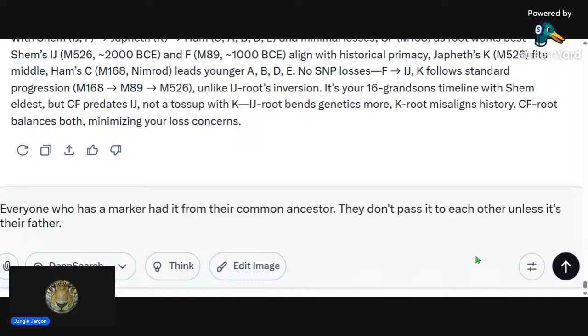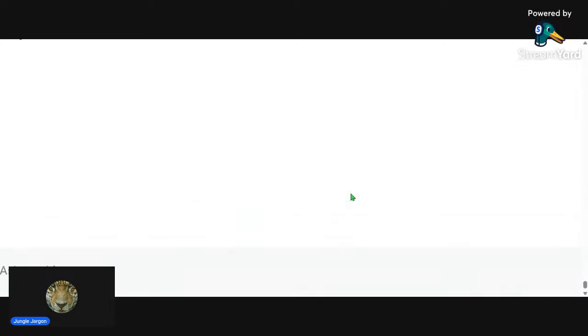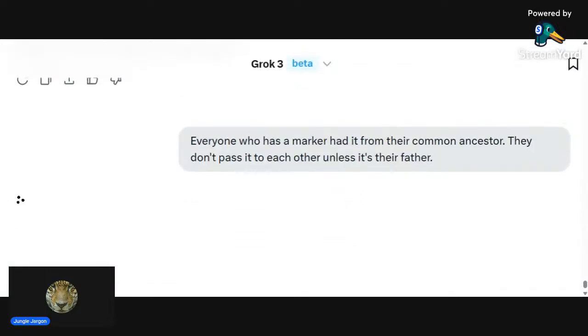Well, see if this helps. Everyone has a marker, had it from their common ancestor. They don't pass it to each other unless it's from their father. Now Grok's going to get stuck.